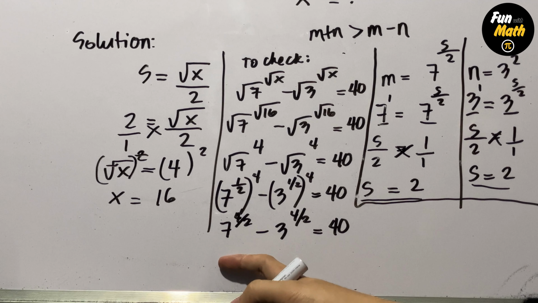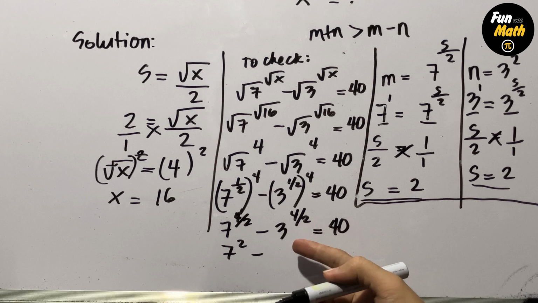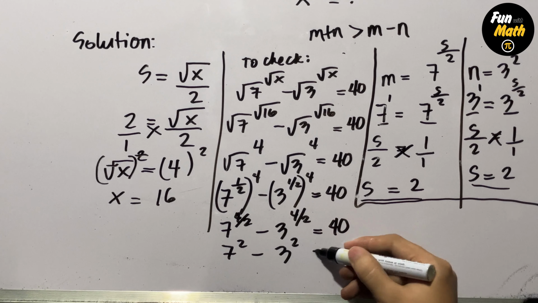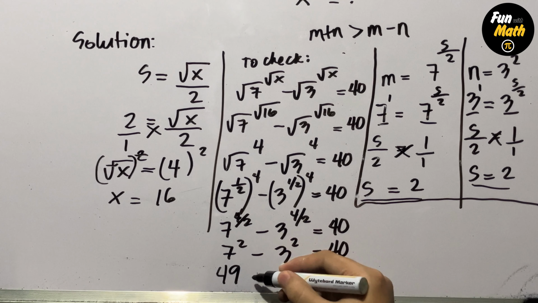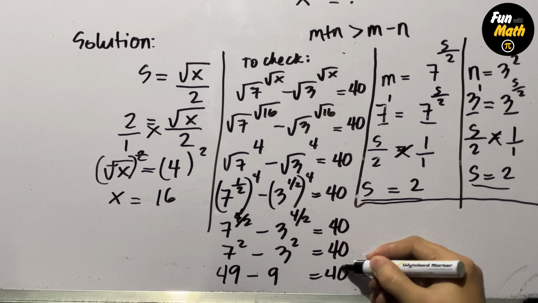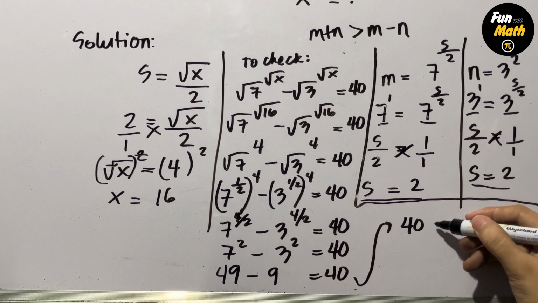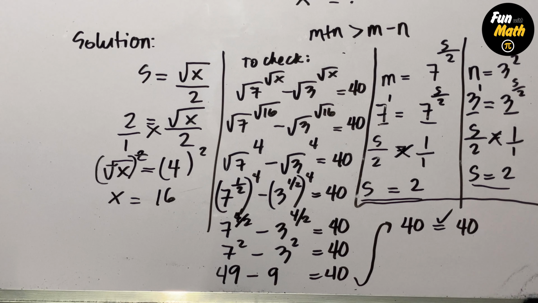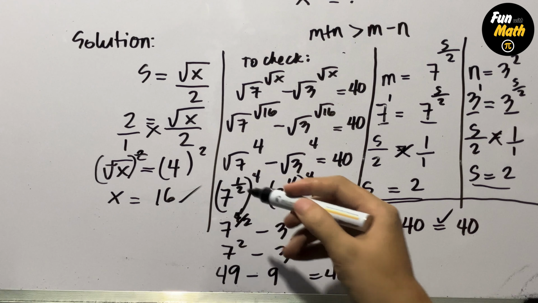Now 7 to the power of 4 over 2, that is 7 squared, minus 3 to the power of 4 over 2, that is 3 squared, equals 40. Now 7 squared, that is 49, minus 3 squared, that is 9, equals 40. Now, 49 minus 9, that is 40, then equals 40. So they are equal. That means the value of x, which is 16, is correct.